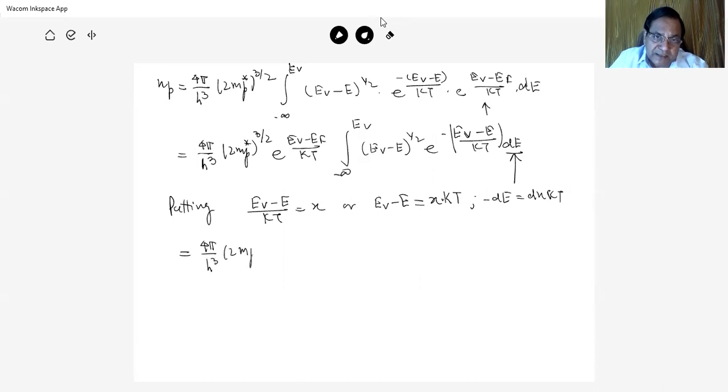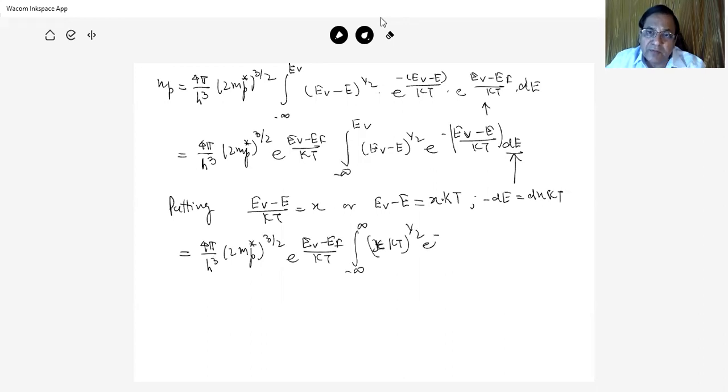So this value is 4 pi upon h cube, 2 MP star to the power 3 by 2, exponential (EV minus EF) by KT, integral minus infinity to plus infinity, of (X KT) to the power 1 by 2, e raised to the power minus X, into minus dx KT.